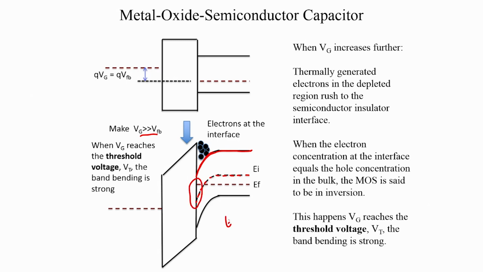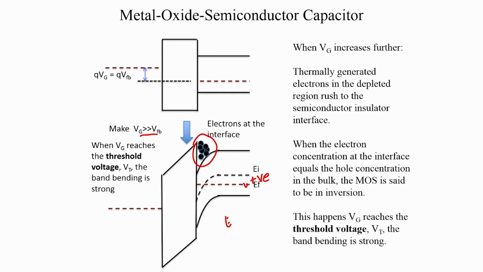So, EI minus EF in the bulk is positive, and EI minus EF at the interface has now become negative, or in other words, EF minus EI at the interface has become positive. So, at this point we will start encouraging electrons to appear at the interface, because the band bending is so severe.